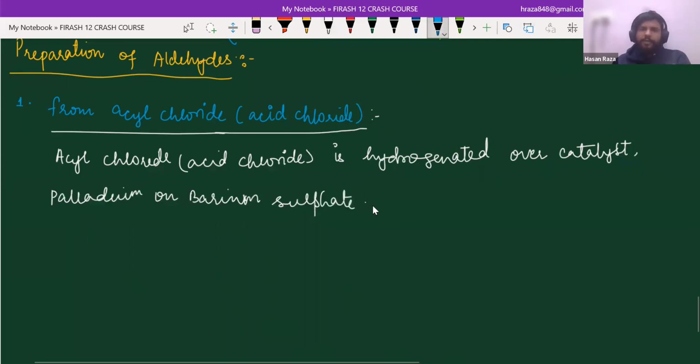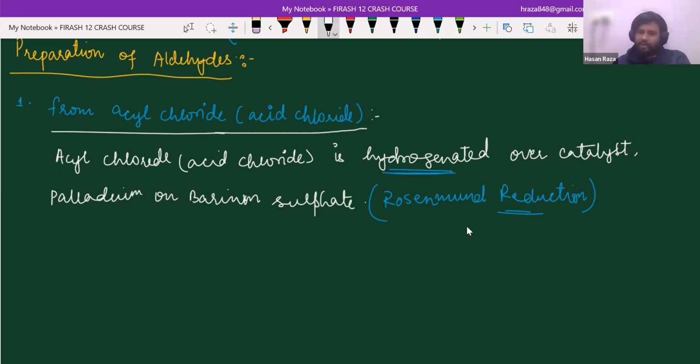And this reaction is basically known as Rosenmund reduction. As you know that addition of hydrogen is a reduction. That's why, as you can see, we did hydrogenated. That means hydrogen will be added. So it is known as Rosenmund reduction reaction or Rosenmund reaction.